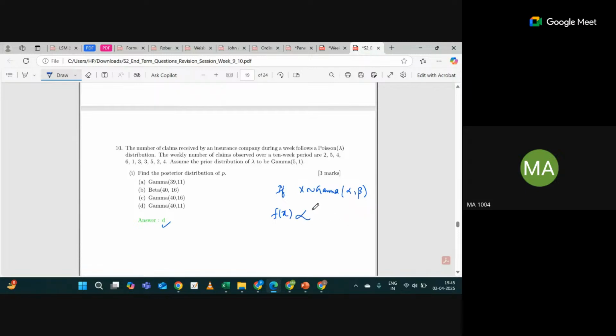The main thing is x raised to the power alpha minus 1 into e raised to the power minus beta x. You have to use the concept that the posterior is proportional to the product; we are not using the equality sign, we are just ignoring the constant term. Is this clear? Yes, sir.